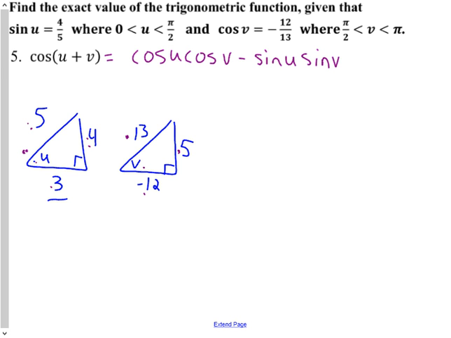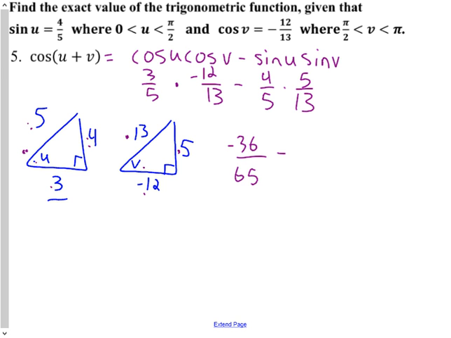You can go back and fill them in. So here's what I'm going to do. Cosine v is negative 12/13, cosine u was 3/5, minus sine of u was 4/5, sine of v was 5/13. And we're doing the math. We got negative 36/65 minus 20/65, giving us negative 56/65.